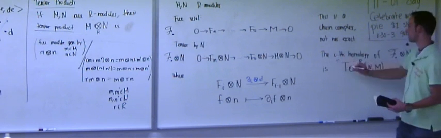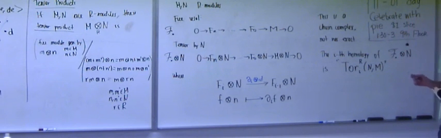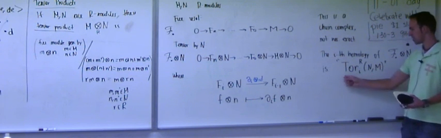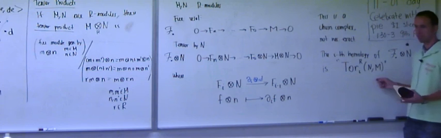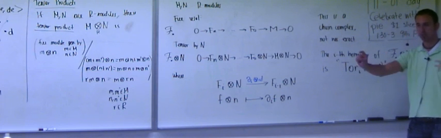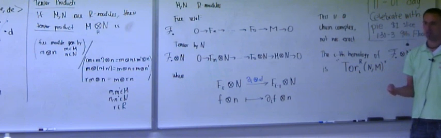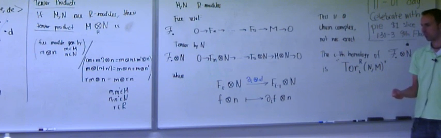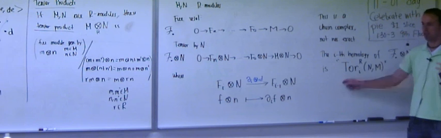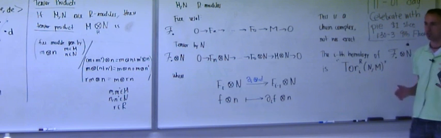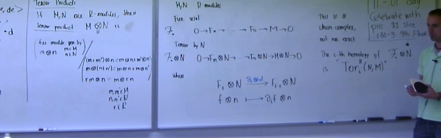This is the definition of this thing. So again, what is this? It's basically when you take a free resolution of M, which is exact, and you tensor it by N, you lose exactness. And this Tor guy measures how much exactness you lost. That's the definition of Tor.